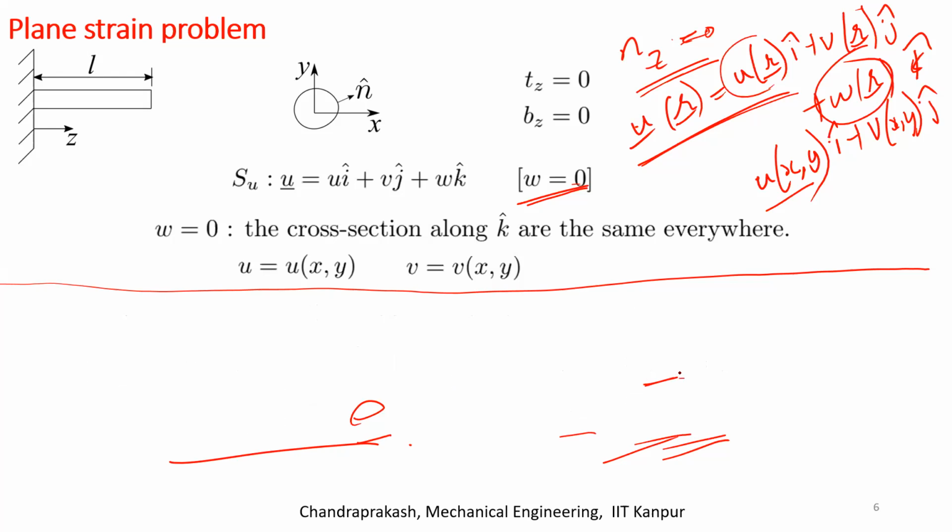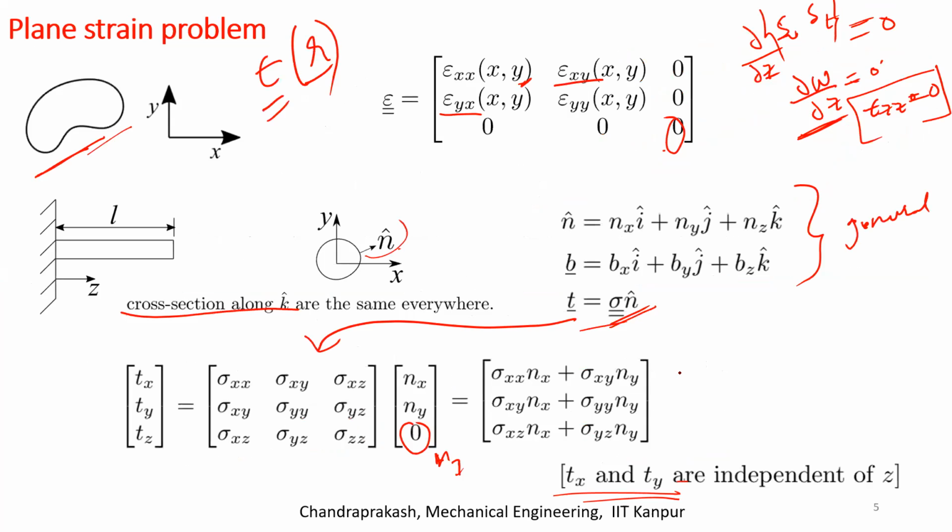If you go to the previous slide, we said u is a function of x and y, v is a function of x and y. Hence, if you have epsilon xz, what is it?